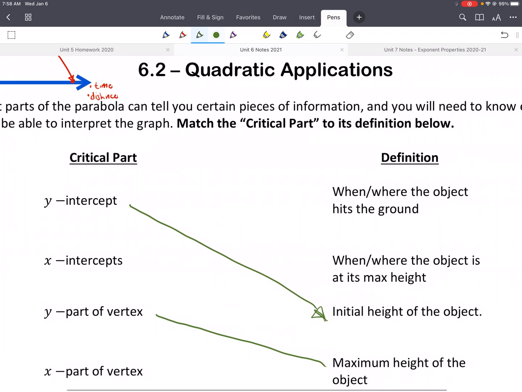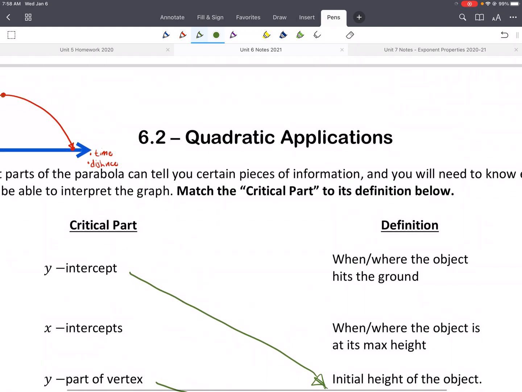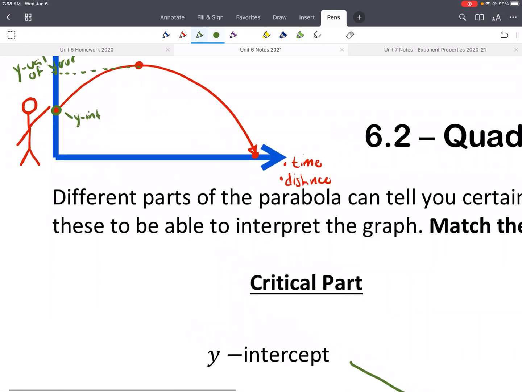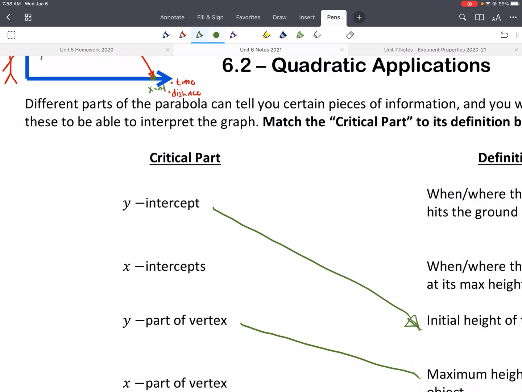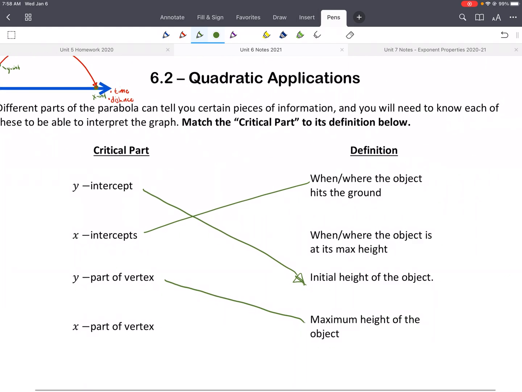Okay, I'm just going to do the top one. It says when or where the object hits the ground. All right, so you can kind of think about that as when the ball hits the ground or something like that, something you threw. That's going to be your x-intercept. So that's what we're going to try and find there. And then our last but not least is when or where the object is at its maximum height.